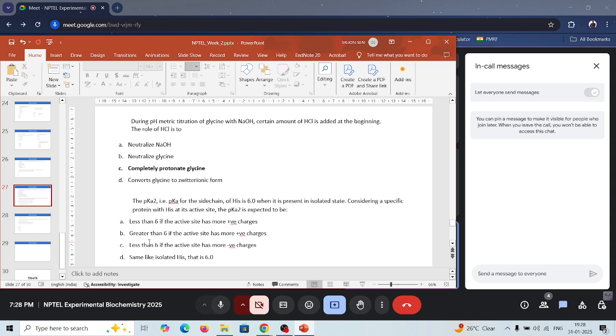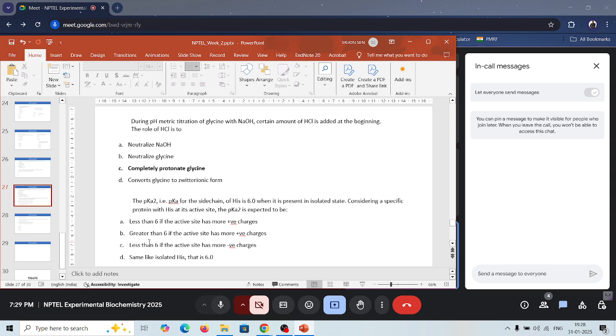So what happens when a histidine residue is present in an active site that has mostly positive charges?